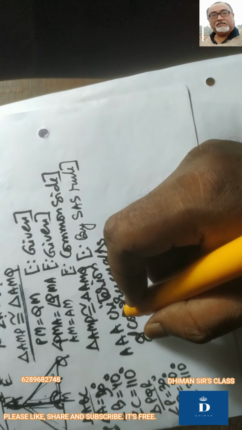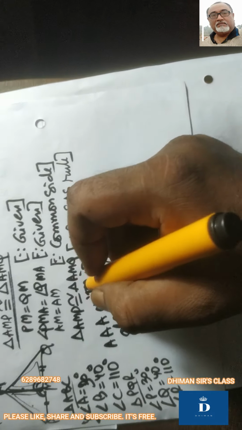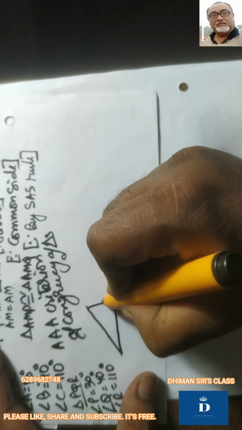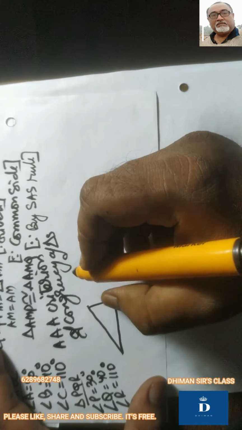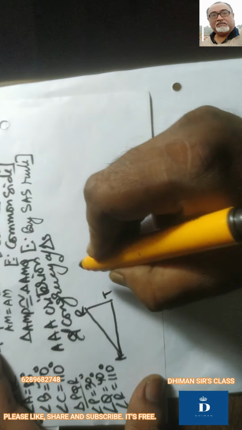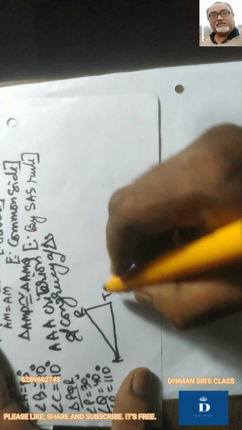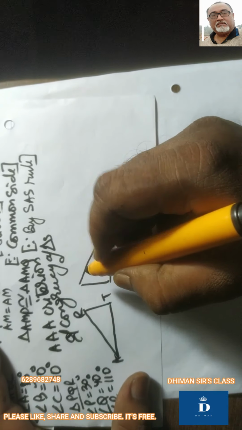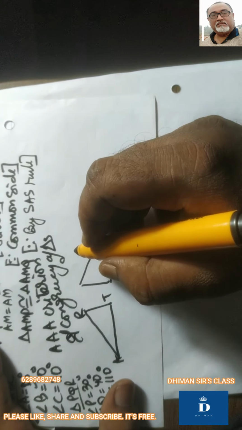Okay, now next question. One triangle is drawn like this, and it is ART, and another triangle is also drawn like this, that is MNO.